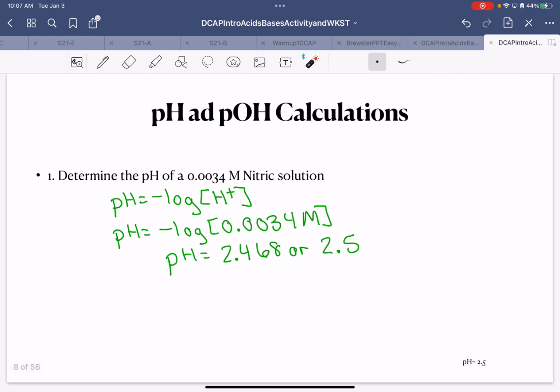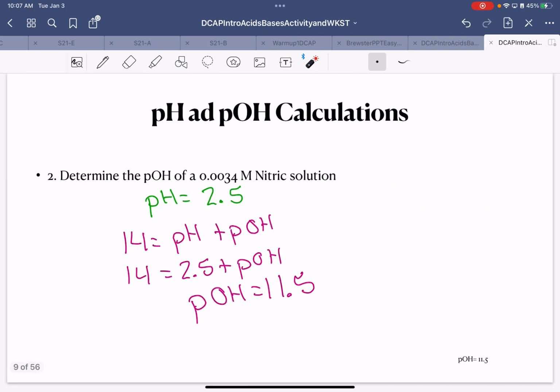So these are pH and pOH calculations. Determine the pH of 0.0034 molar nitric acid. Here's my formula, and I should get down to 2.5. And then it asks for the pOH. Since I know my relationship between the pH and the pOH, and I've already solved for pH in the previous problem, I just need to subtract that number from the 14, and it gives me my pOH.